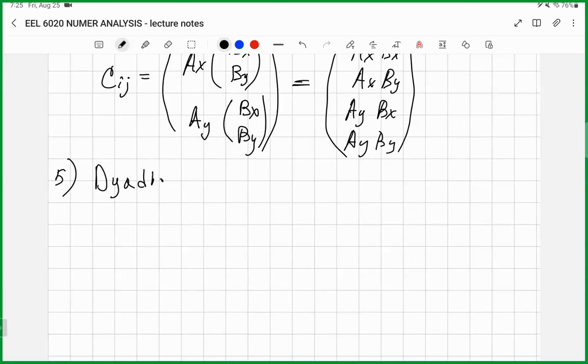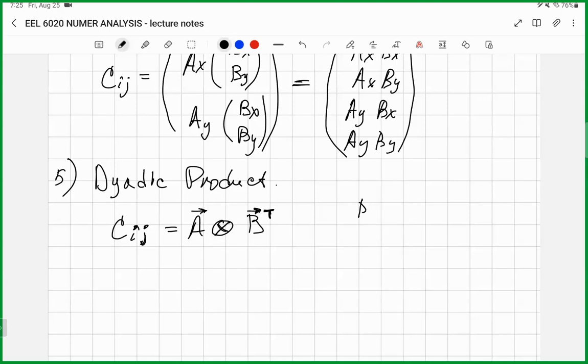And finally, the last type of product, number 5, is the so-called dyadic product of two vectors. The dyadic product is the same as the tensor product with one simple difference. It's again a product of vector A, the sign is the same, but for the second vector I take the transposed vector.